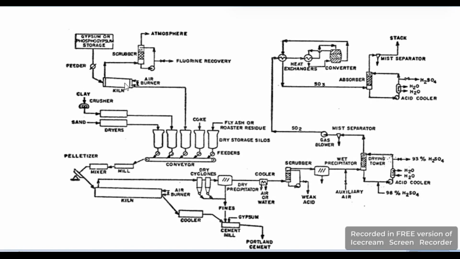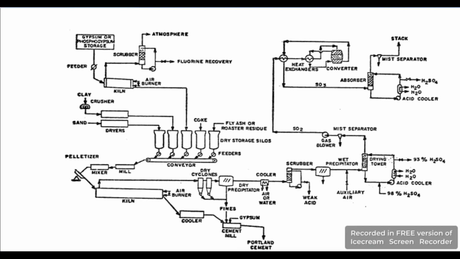The first one is in solid phase, which will be roasted gypsum, which will be sent to another section for the cementing process, and the second product will be in gaseous state, which will be sent towards a scrubber where we will remove its dust particles. Also we will recover fluorine from this, and after that the waste gases will go to the atmosphere.